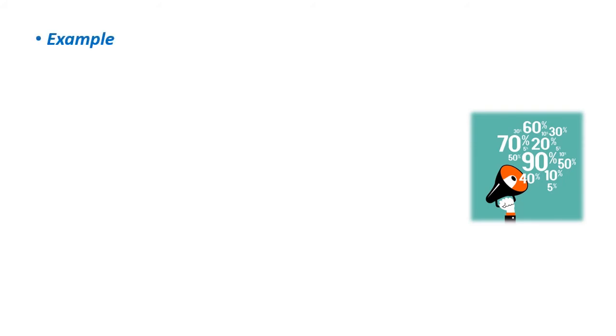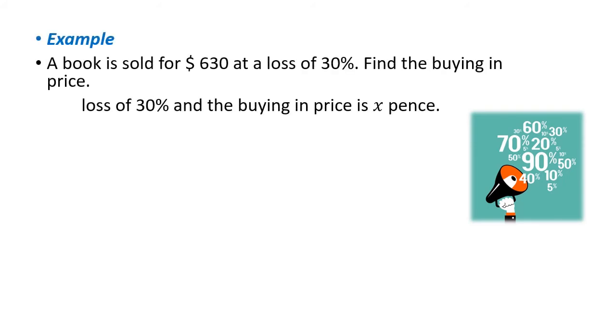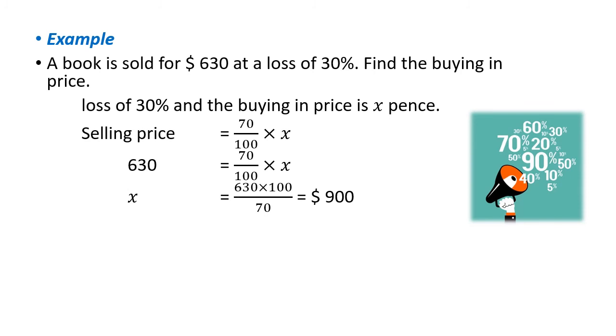Next example, a book is sold for $630 at a loss of 30%. You have to find the buy-in price. Here we can see loss, marked down percentage, 30%. The buy-in price X, you have to find it. Now see this equation, selling price equals, here marked down, 30% is there, you have to subtract it from 100. 100 minus 30, 70%.